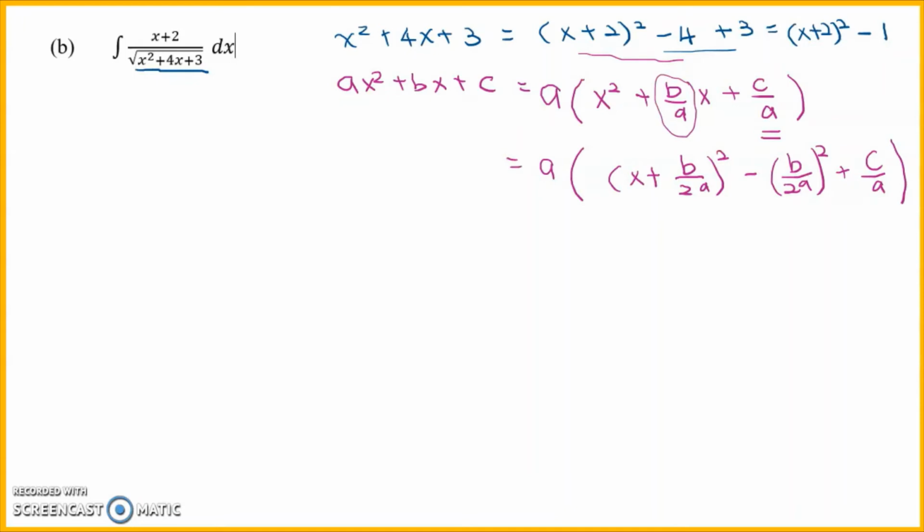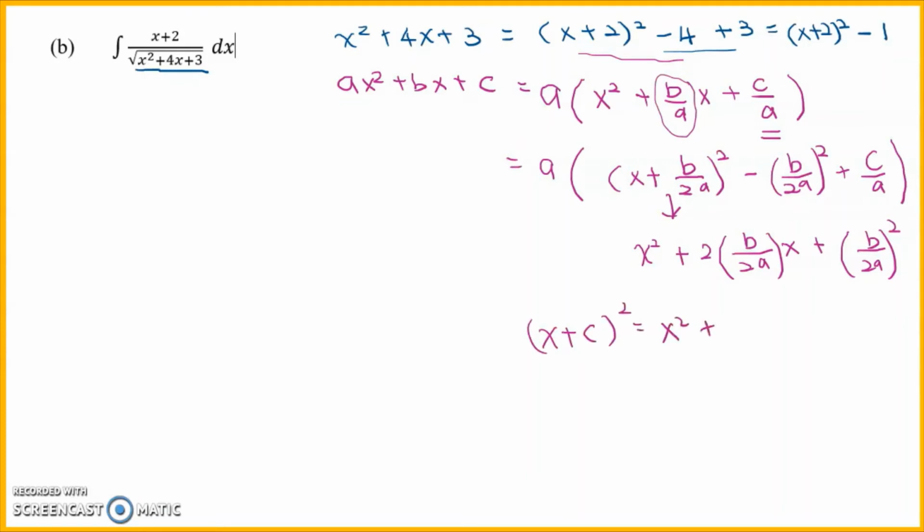The reason is because x plus b over 2a squared is going to give us x squared plus 2 times b over 2a x plus b over 2a squared. That is because, let's say, x plus c squared actually gives us x squared plus 2cx plus c squared.